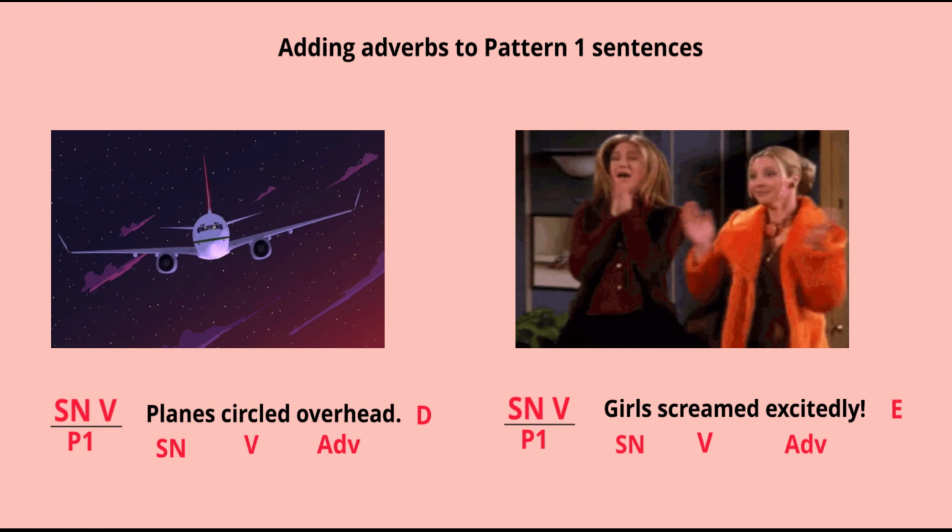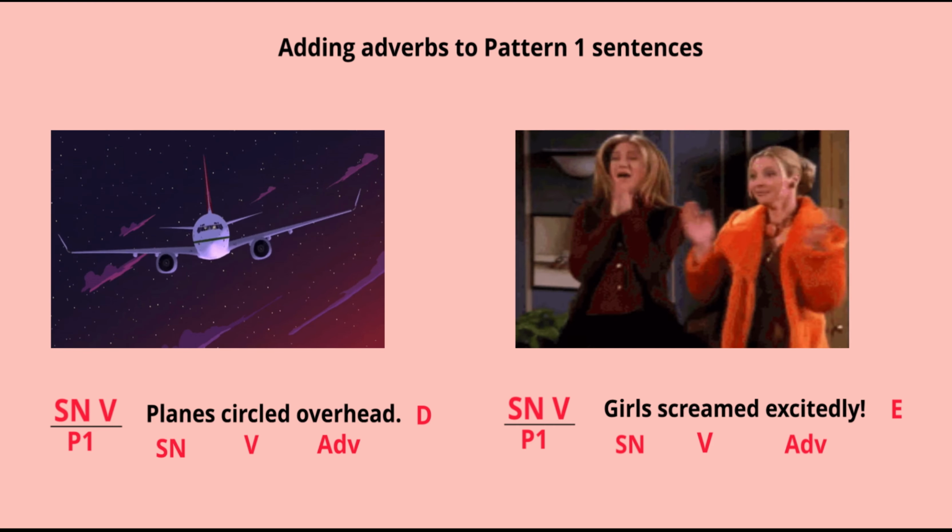So how did the plane circle? The plane circled overhead, right? So overhead is an adverb in this sentence, and the sentence is declarative, and it is subject, noun, verb pattern 1.